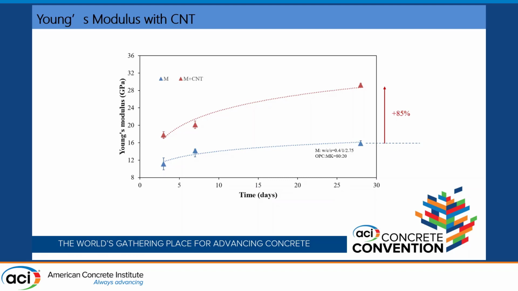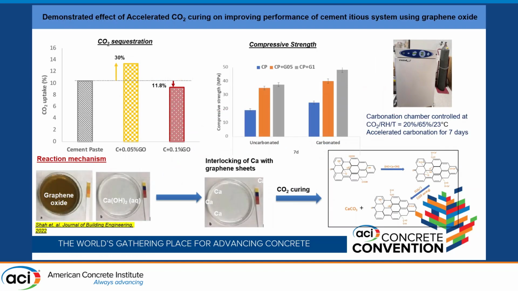And they observed as a result of that, if you do CO2 curing, there is more acceleration. So we were very curious, and we had noticed in other work, not with CNT but with graphene oxide, the reduced size of calcium hydroxide crystal. So we decided to do the CO2 curing with 0.1% GO and without GO.